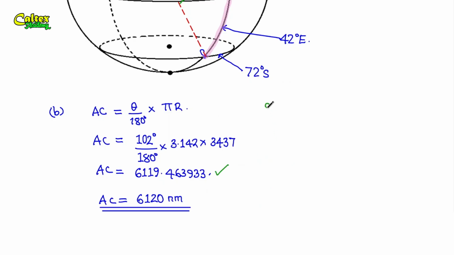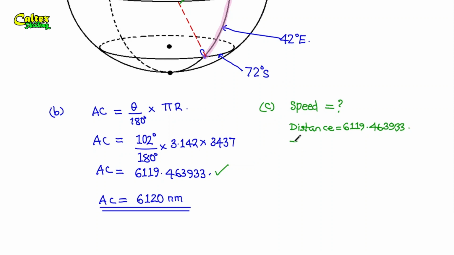So part C of the question is to get the average speed, which is not known here, and the distance is already known to be 6,119.463,933.